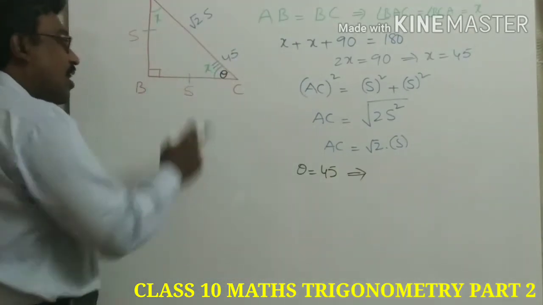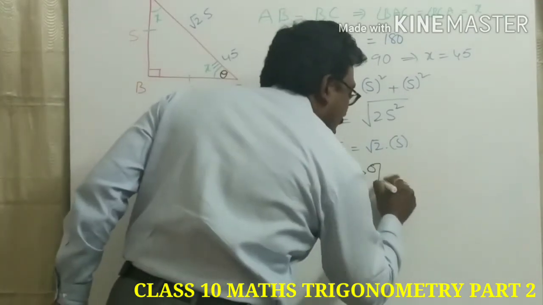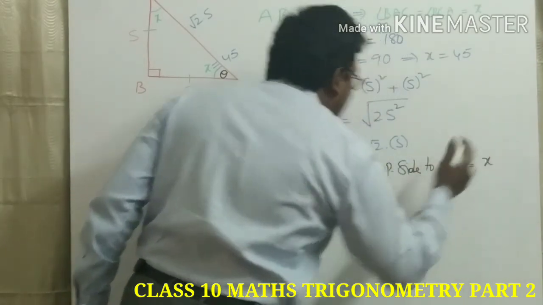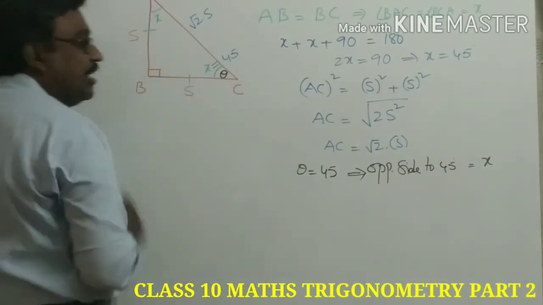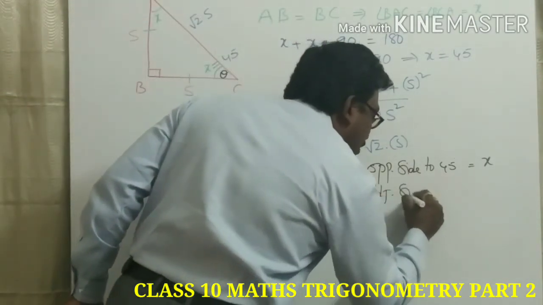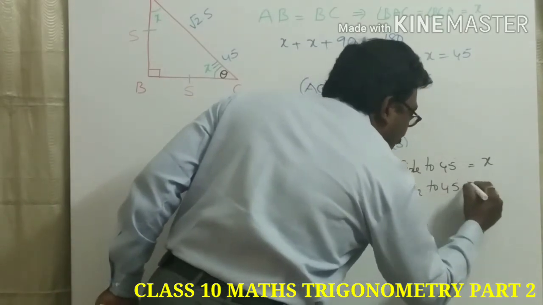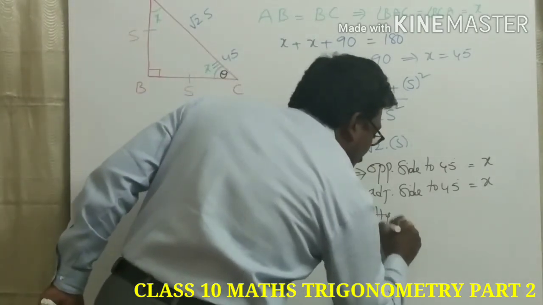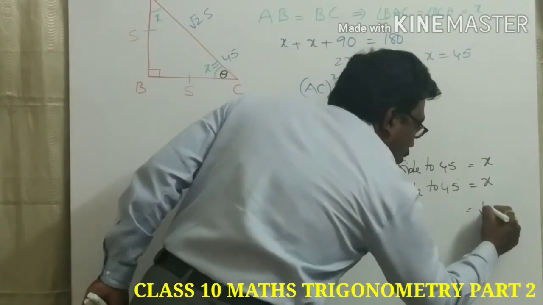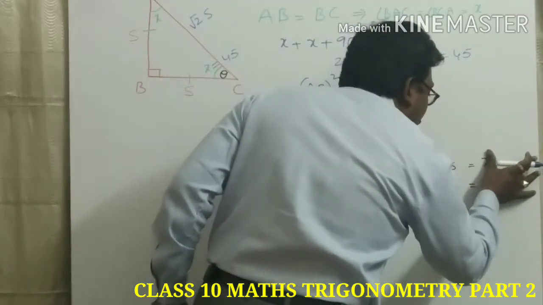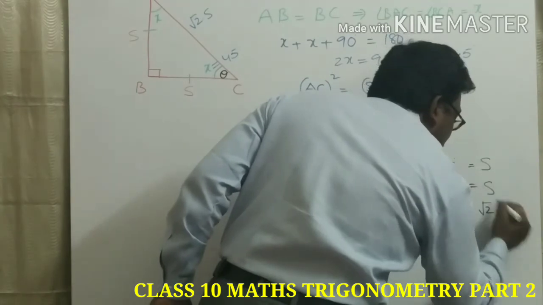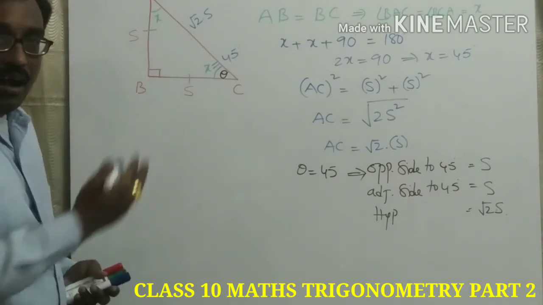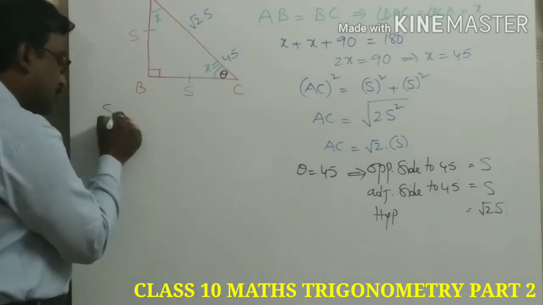With respect to theta, the opposite side to 45 is S. The adjacent side to 45 is S. The hypotenuse is equal to root 2 times S. Now I am writing all the trigonometric ratios.